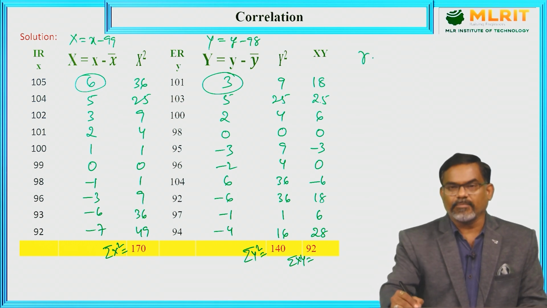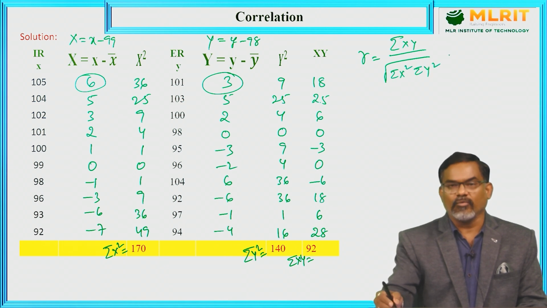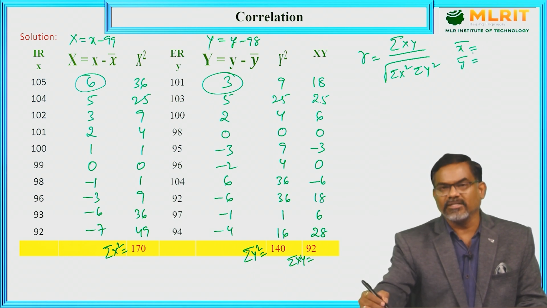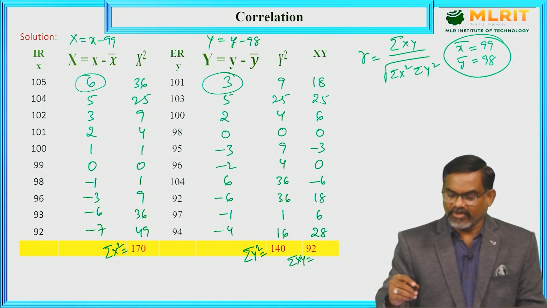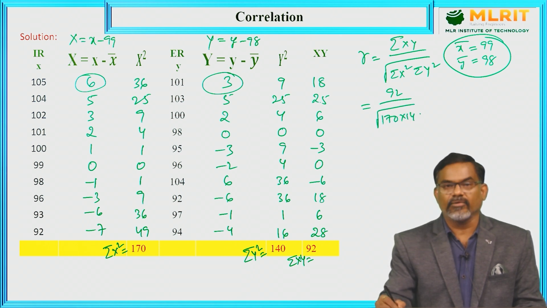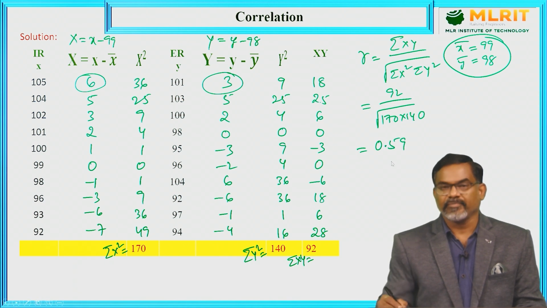Using Karl Pearson's coefficient of correlation, sigma capital XY by under root sigma x square into sigma y square, we can use this formula when the means are integers. So 99 and 98 are not fractions. Substituting the values, 92 by root 170 into 140, which results as 0.59.